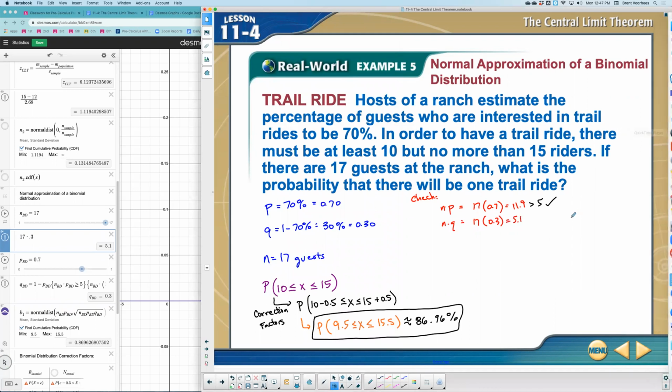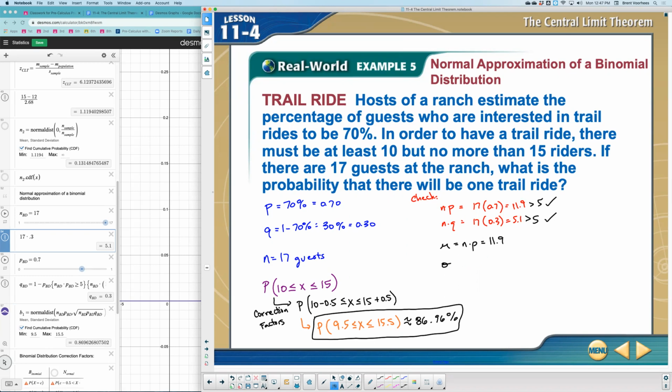If you were going to be using a standard normal, you'd need to go through this process first. Now we would say, all right, this happens to be the mean. The mean is going to equal n times the probability, the number of samples times the probability, which is 11.9.